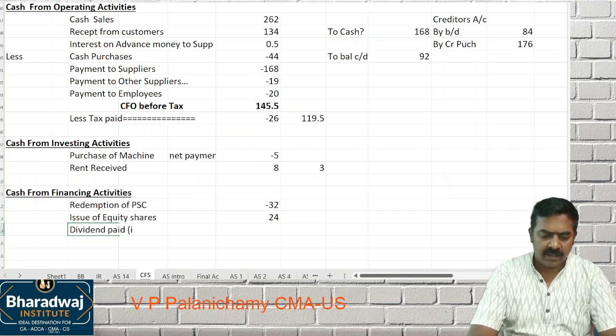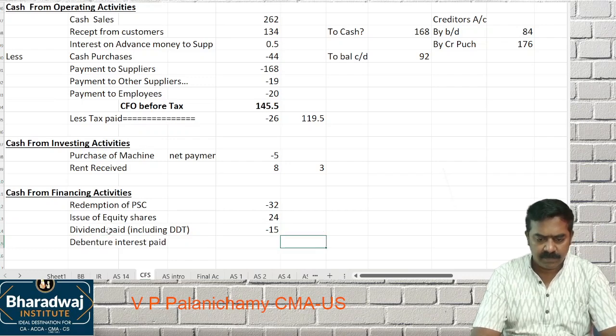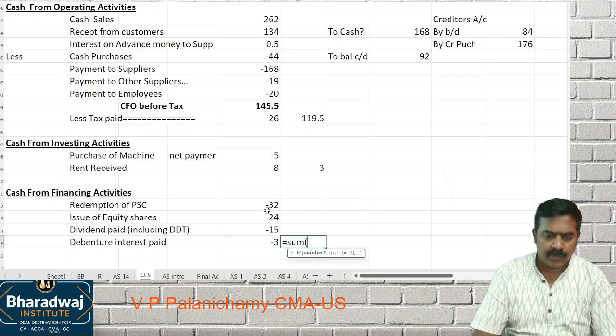Dividend paid, including dividend distribution tax. Total, how much is paid? 15. Then what is paid? 3. 26 minus.